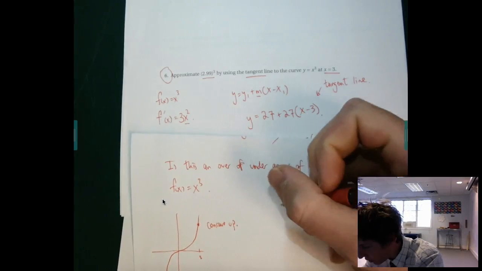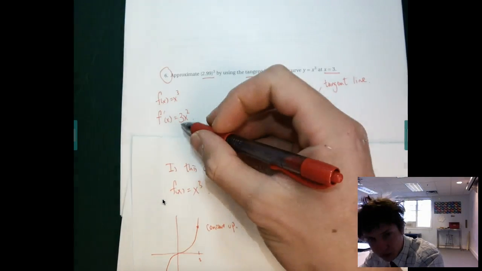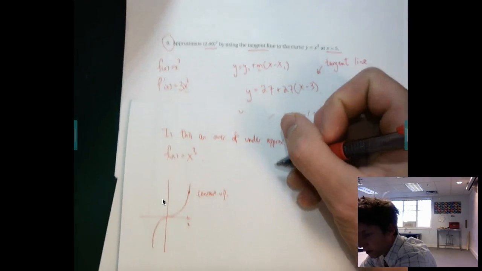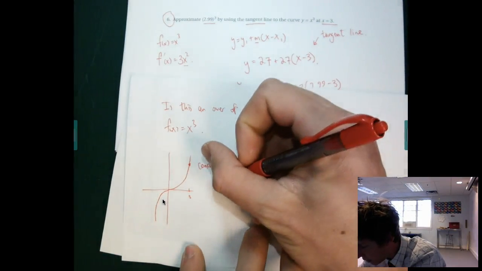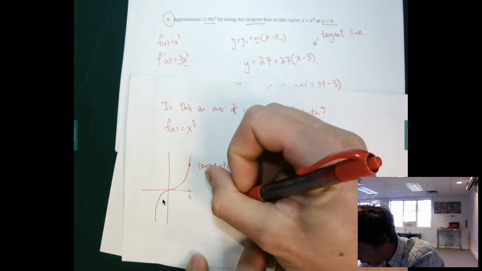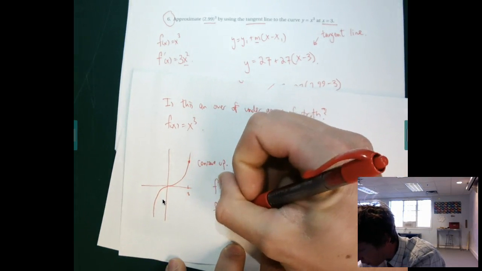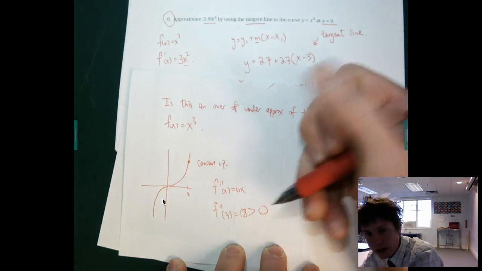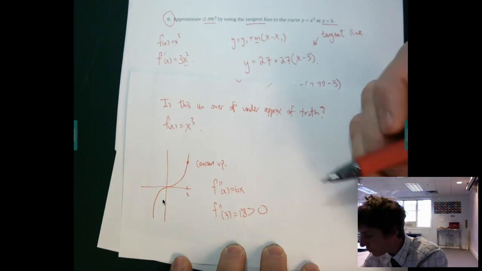Another way to see that is if I take the second derivative, then I get f double prime of x is equal to 6x, and in particular f double prime of 3 is equal to 18, which is bigger than 0. That means the function is concave up.